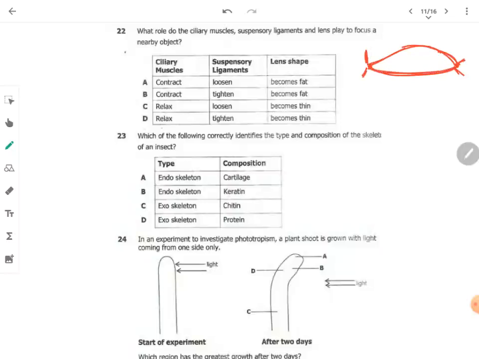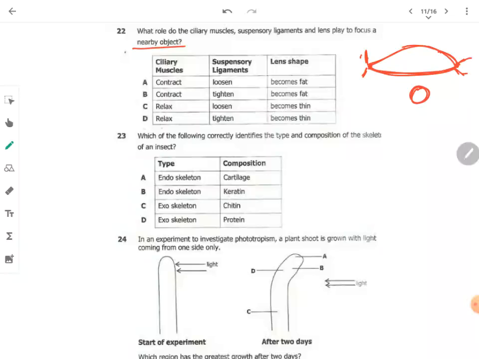Now, what are the functions of these? Whenever you are viewing a nearby object, meaning an object that is closer, the ciliary muscles contract. Whenever the ciliary muscles contract, they are enabling you to view something which is nearby. The suspensory ligaments loosen, they become less taut.